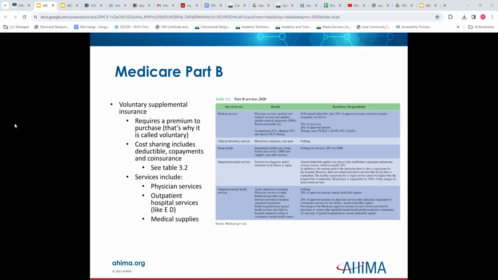Some of the things covered under Part B include the physician services, outpatient hospital services such as the emergency department, and medical supplies. None of these services are covered in Part A. Please review Table 3.2 for coverage and beneficiary responsibilities for Part B.